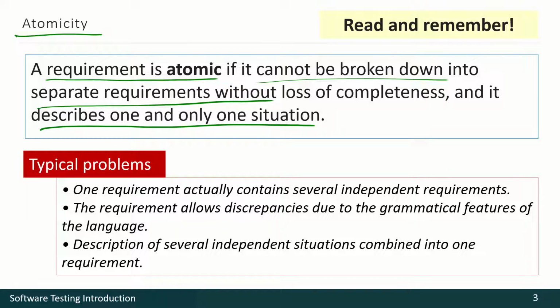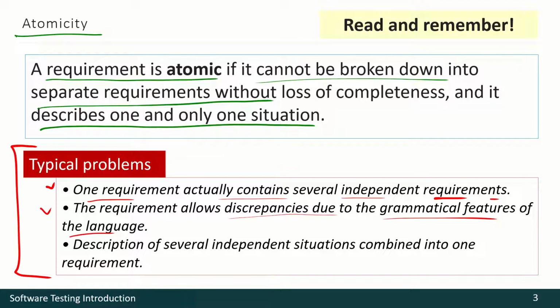Most properties of a good requirement are easier to describe by mentioning typical problems. So, during these 3 videos, at the bottom of the screen, you should usually see typical problems. Like, for instance, one requirement contains several independent requirements for some reason, or some requirement allows discrepancies due to grammatical features of the language.